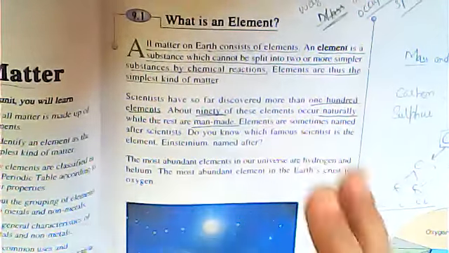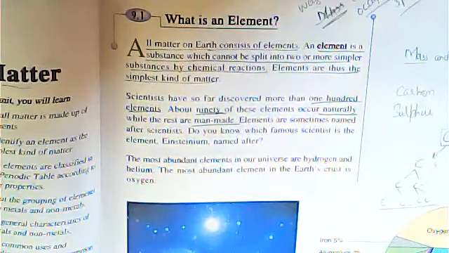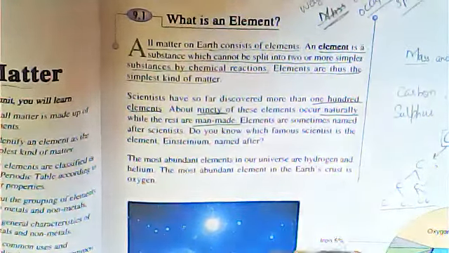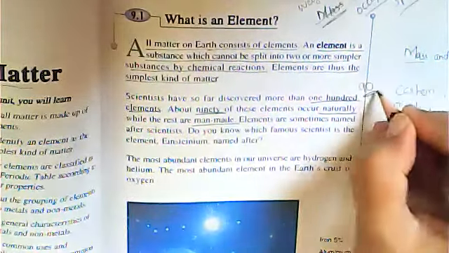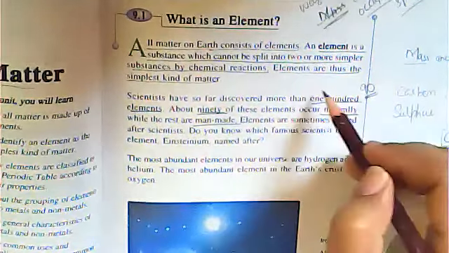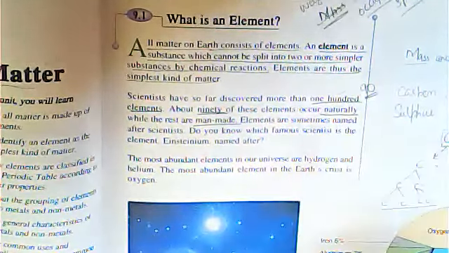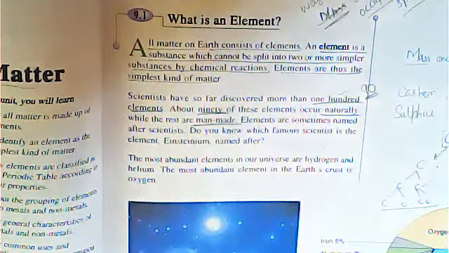Most of them occur naturally, but after those 90, the elements they discovered, more than 100 in total, are man-made.